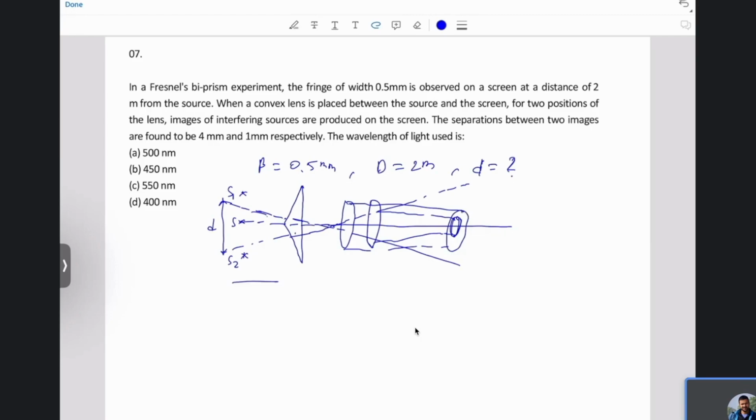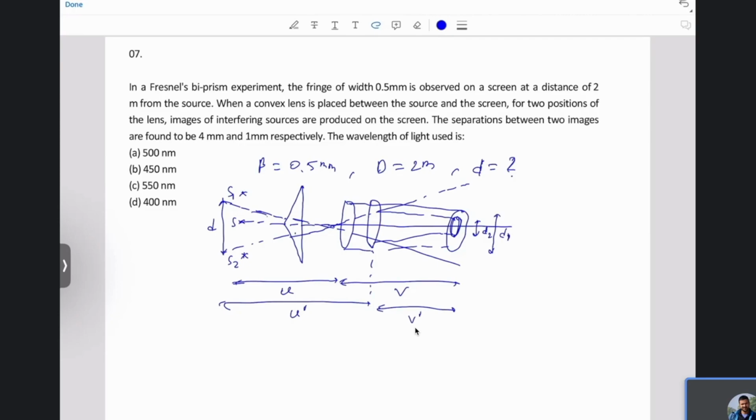And suppose this distance is u, and this distance is v, and then this distance for the second position is u prime, and this is your v prime. Okay, and suppose the diameter of this circle is d2, diameter of this circle is d1.